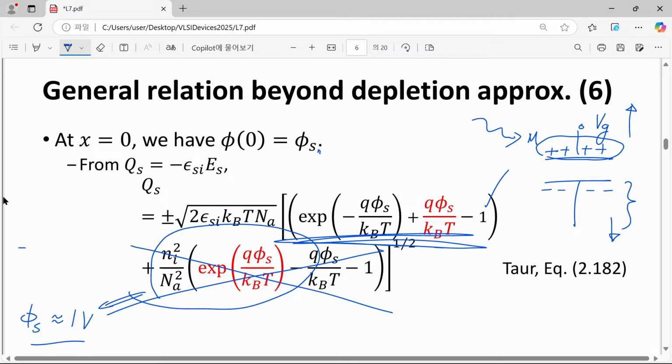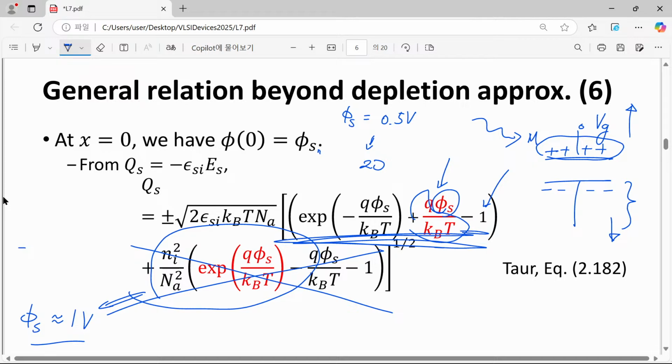Here we have 1, and here we have phi s normalized with respect to thermal voltage. So for example, if we have 0.5 volt for our surface potential, then this is converted into roughly 20. Are you with me? When normalized with respect to the thermal voltage, because thermal voltage is roughly 25 millivolt, 0.5 volt can be regarded as 20.